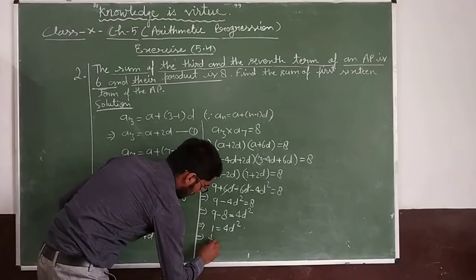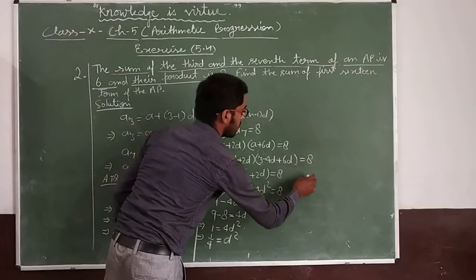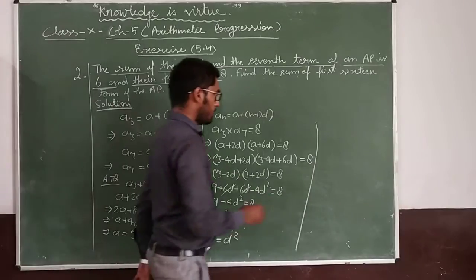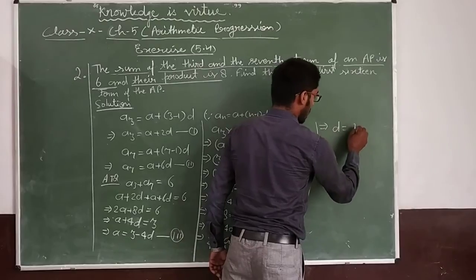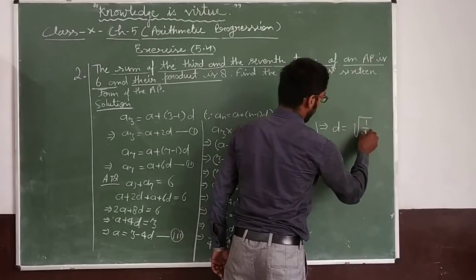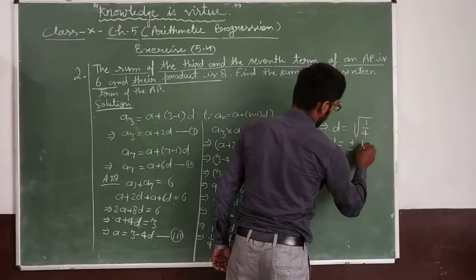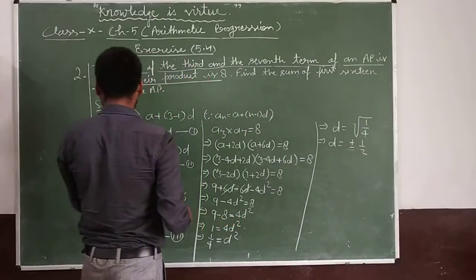Then 1 by 4 is equal to D square, which means D is equal to root 1 by 4, so you will get D is equal to plus minus 1 upon 2.